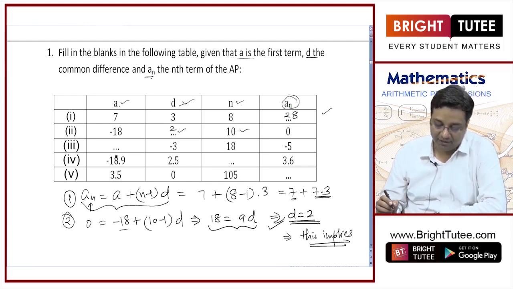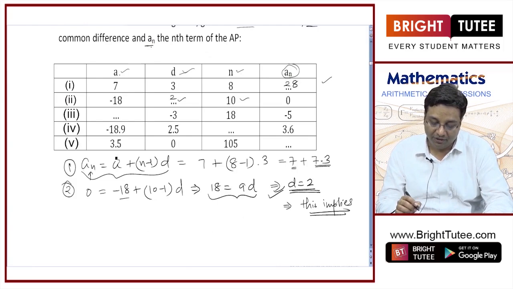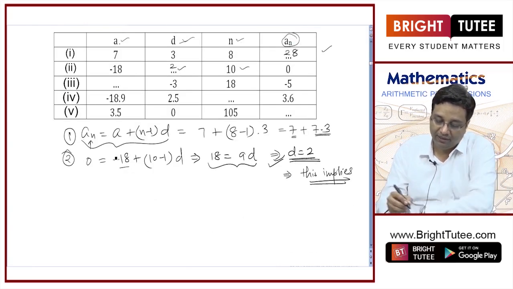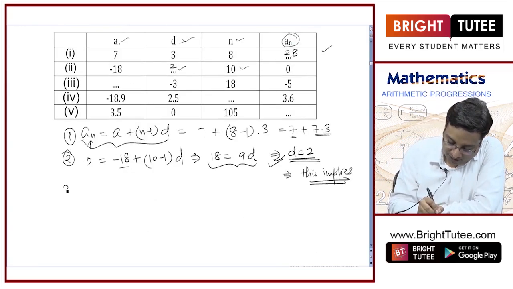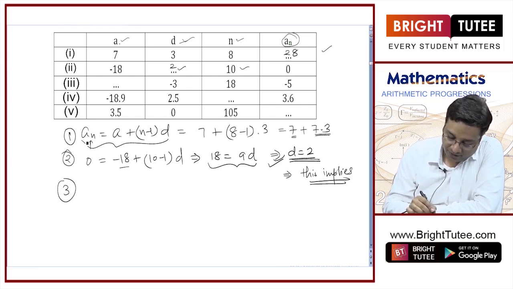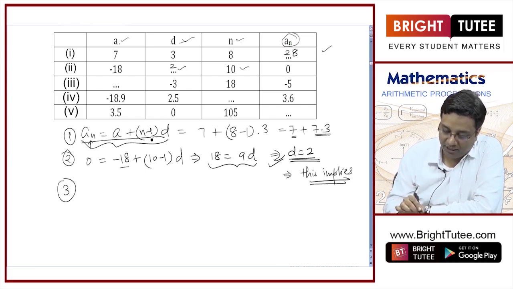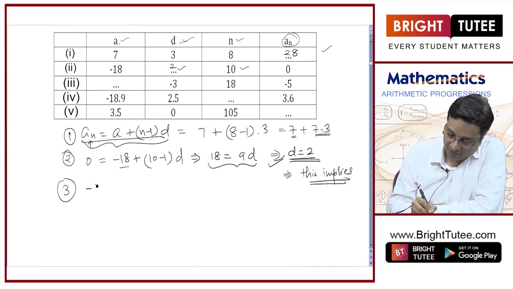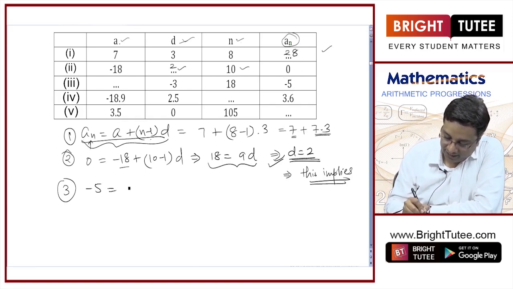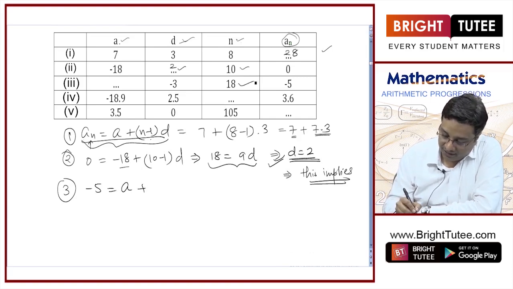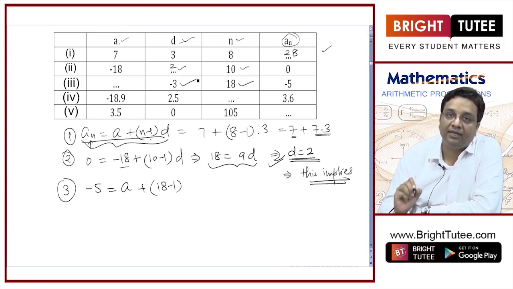In the next blank, you have to find the first term. For the first term, we will again use this same formula. I am not writing this formula again and again. So AN you can write as minus 5 equals A, which you have to find out, plus N is given as 18, so 18 minus 1, and D is given as minus 3.